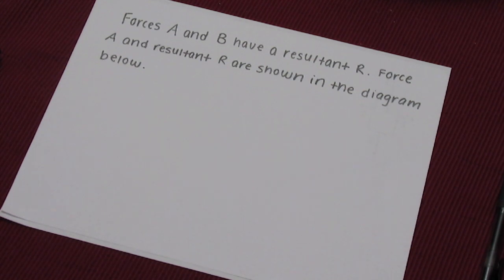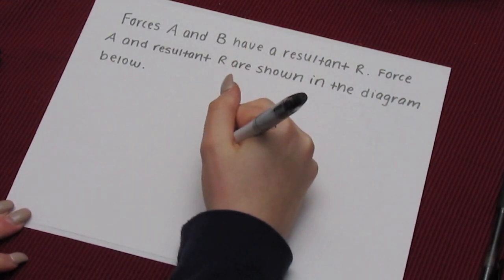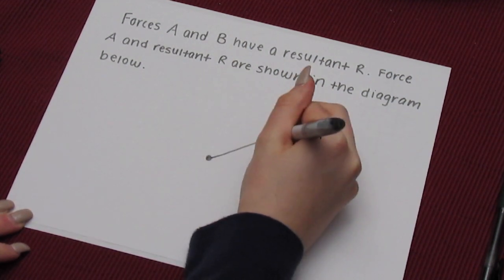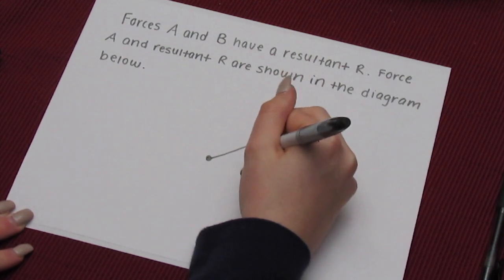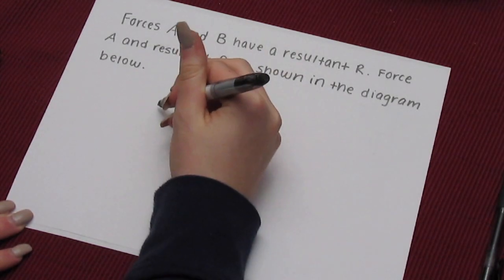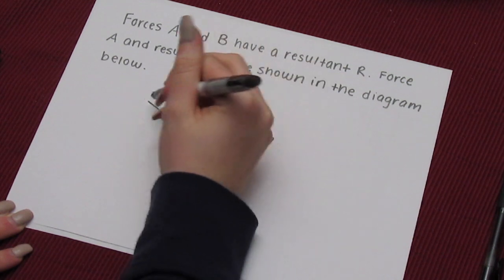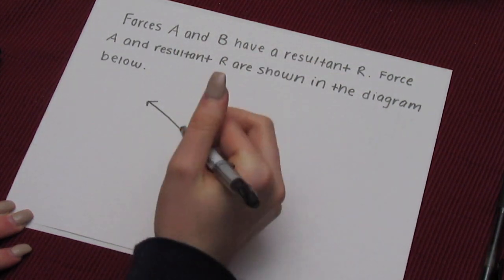So forces A and B have a resultant R. Force A and resultant R are shown in the diagram below. So we have, I'll draw it out. This is R. And this is A. It's not really that straight, but I tried.